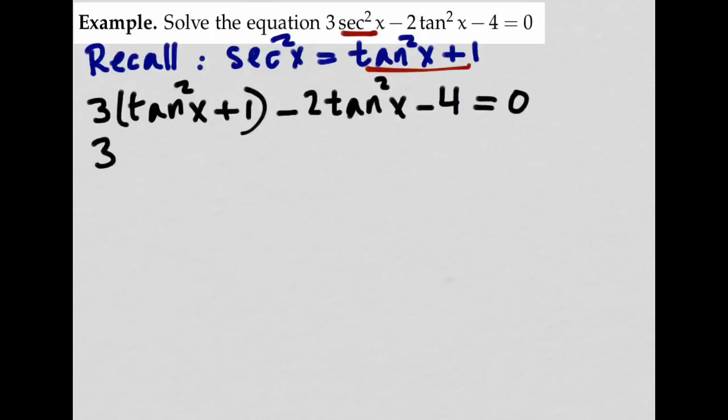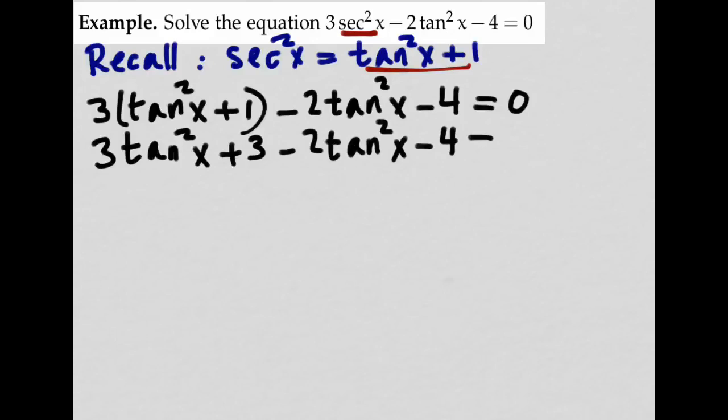This gives 3 tangent squared x plus 3 minus 2 tangent squared x minus 4 equals 0. Collecting like terms gives tangent squared x minus 1 equals 0.